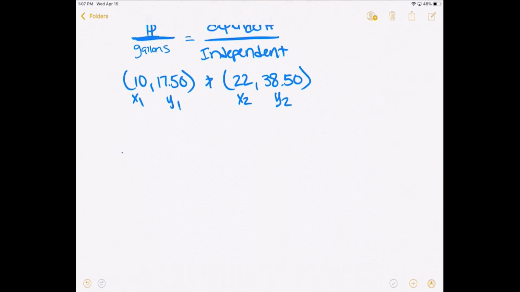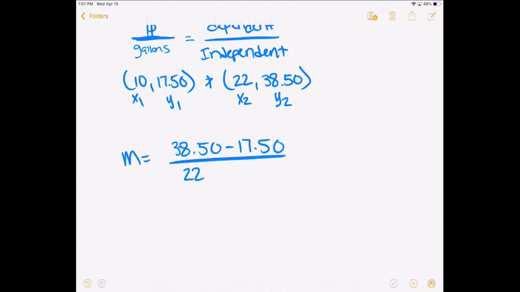And I can find my slope. I'm going to do y2 minus y1 over x2 minus x1. So I get 21 on the top, and on the bottom, I get 12.